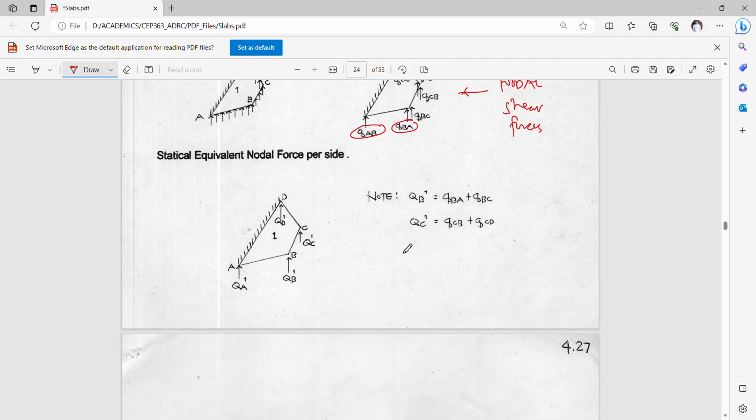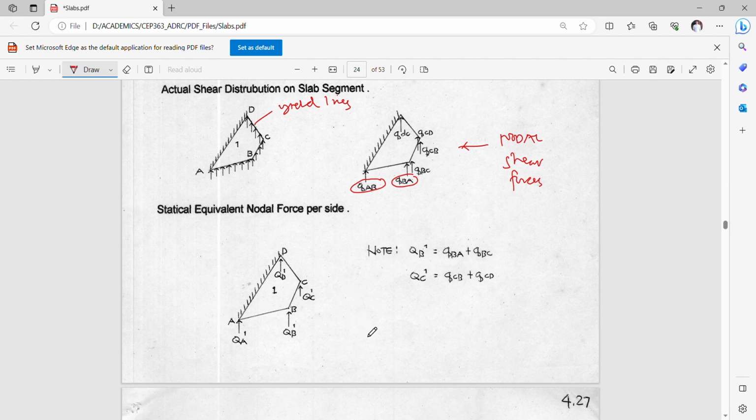Or we can also use another nodal description in terms of the element. Here, nodes A, B, C, and D were used to define the nodal shear forces.